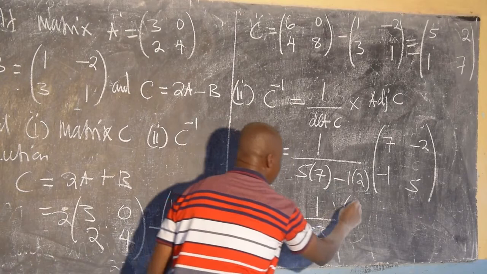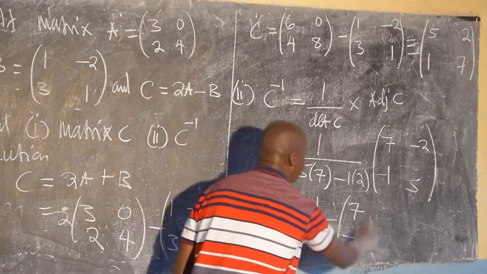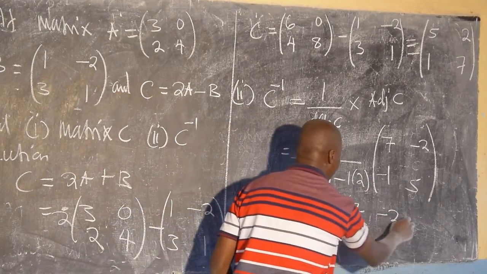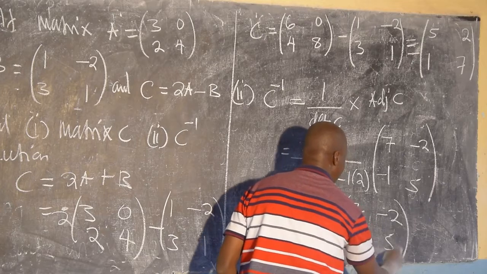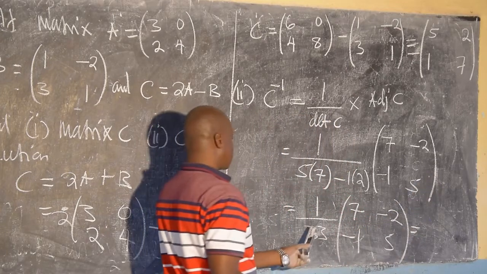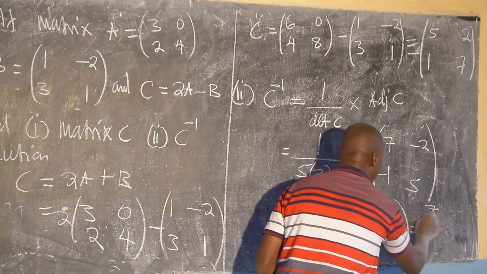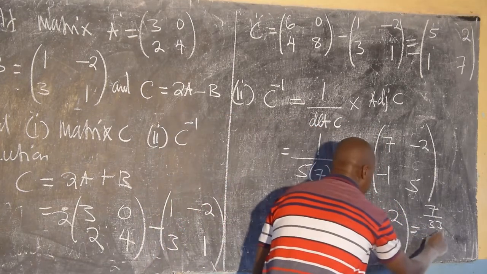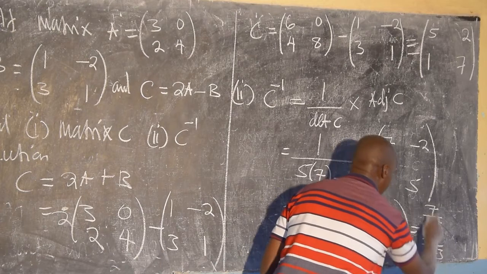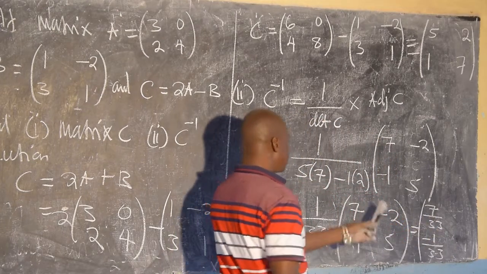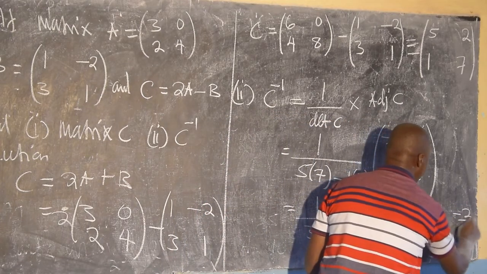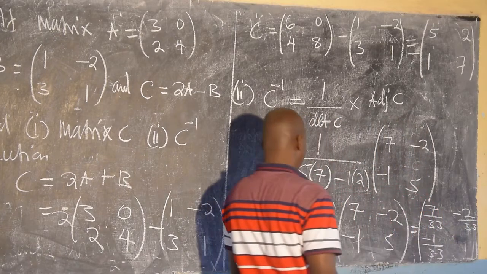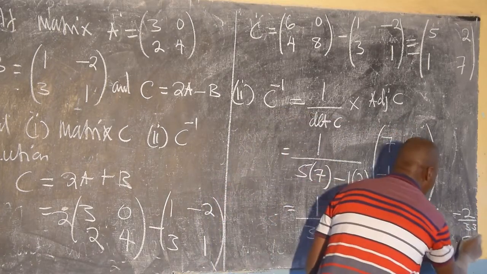This is 7, negative 1, negative 2, 5. The answer is 7 over 33, also negative 1 out of 33, then here negative 2 over 33, here 5 over 33.